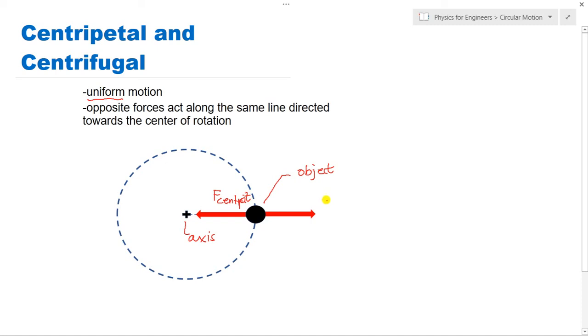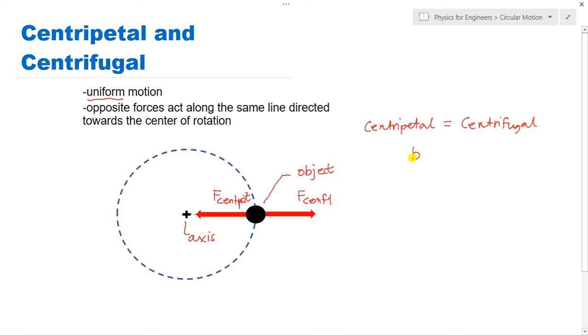Whereas the force that pulls the object away from the axis is your centrifugal. So F centrifugal. And therefore, by summation of forces along the axis, we can say that the centripetal force is just equal to the centrifugal force.